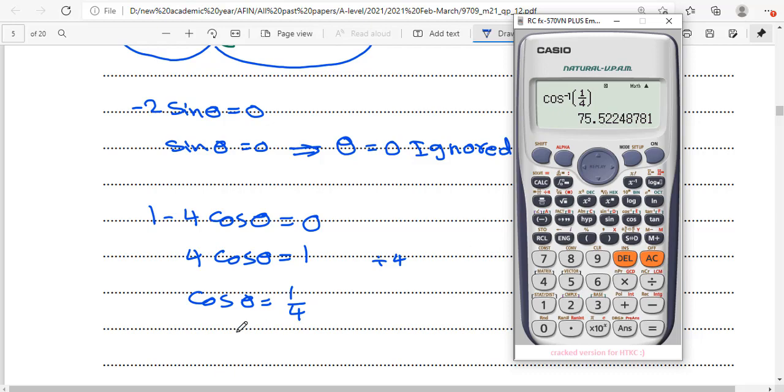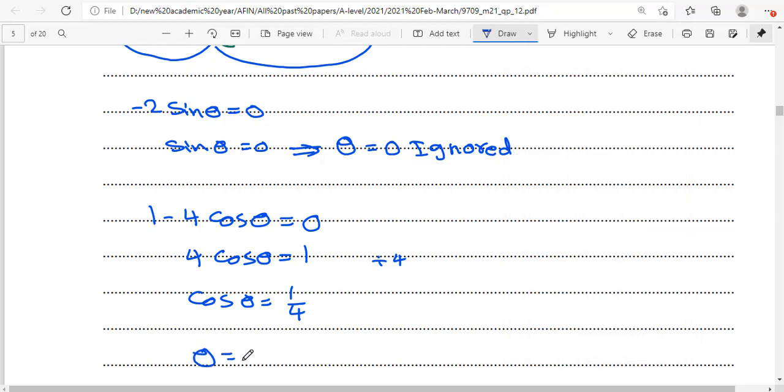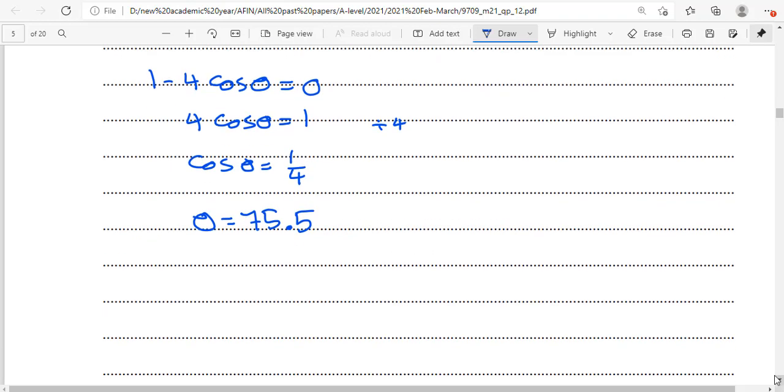Then that would be 75.5. Theta equals 75.5. Done. And 75.5 is between 0 and 180. It is satisfying this inequality. That's why we accept this answer.